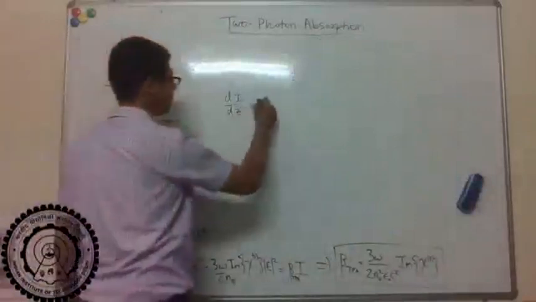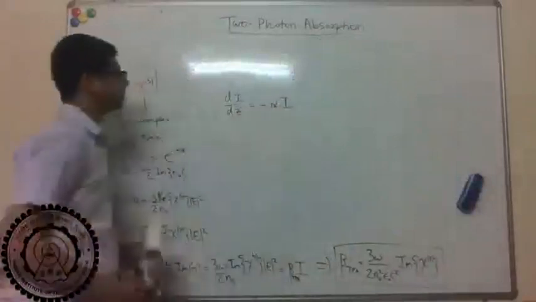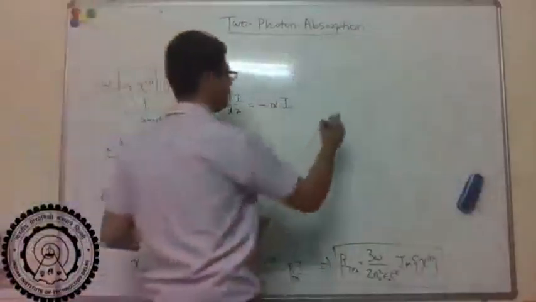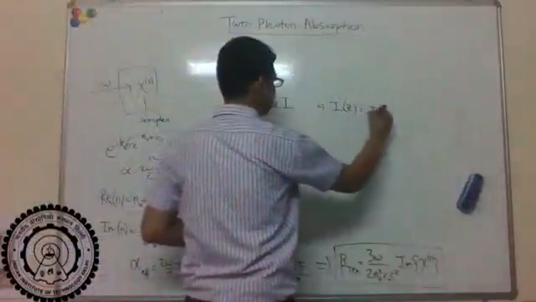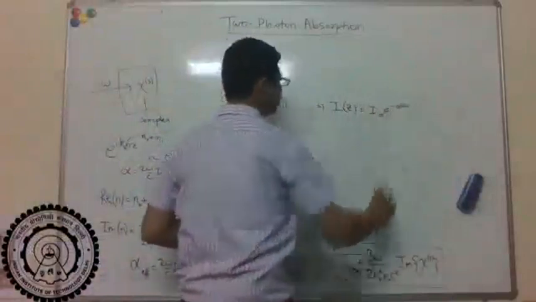So for the linear case, basically you get this equation, whose solution is the usual Beer-Lambert law, so exponential decay.